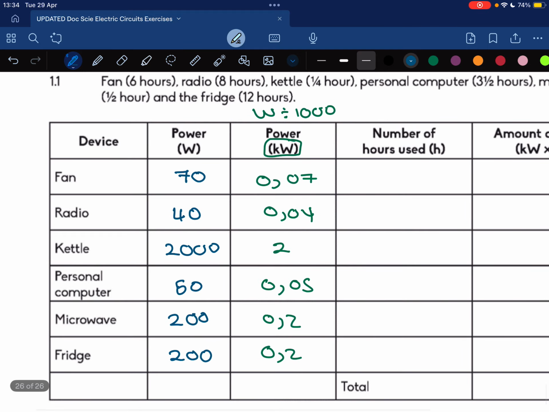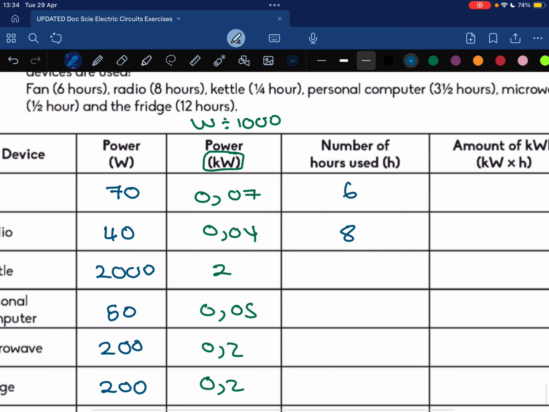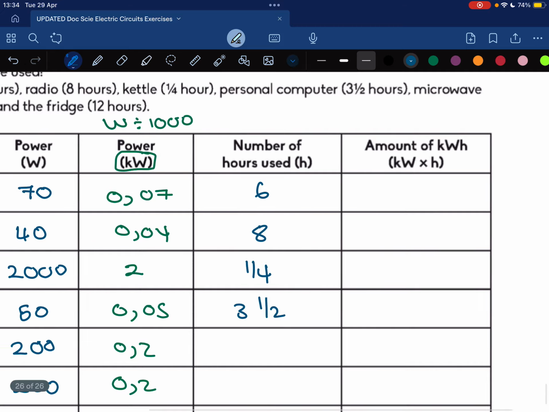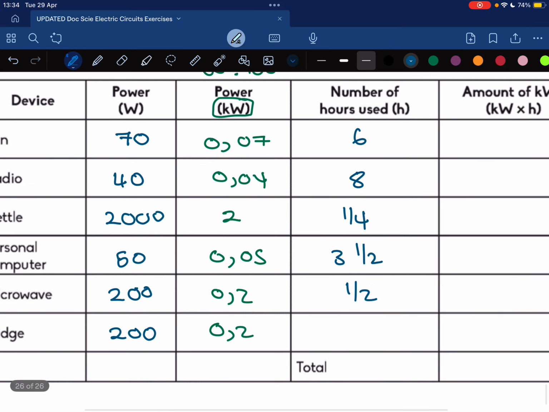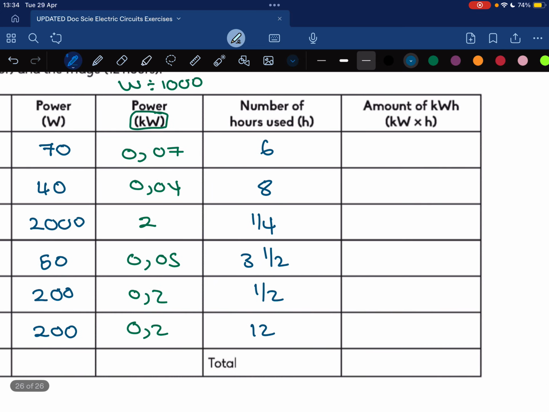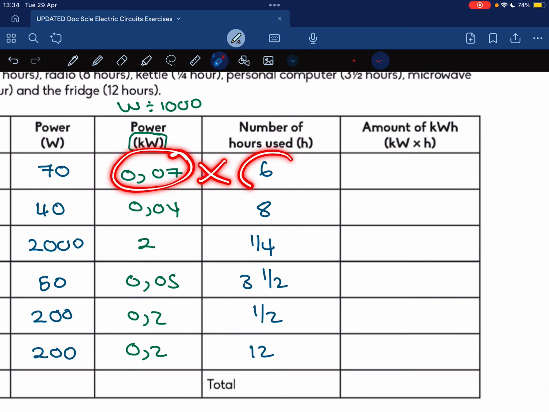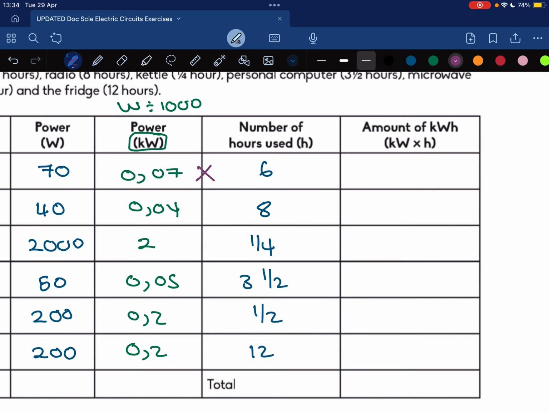Then it says the number of hours that was used. The fan was for 6 hours, the radio was 8, the kettle was for a quarter, the personal computer was 3.5, the microwave was a half, and the fridge was 12 hours. Now the amount of kilowatt hours would be the kilowatts multiplied by the hours.